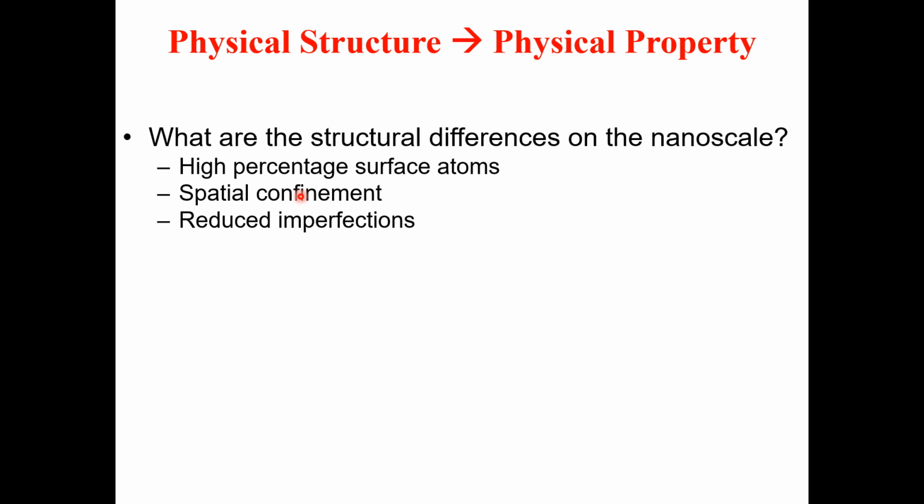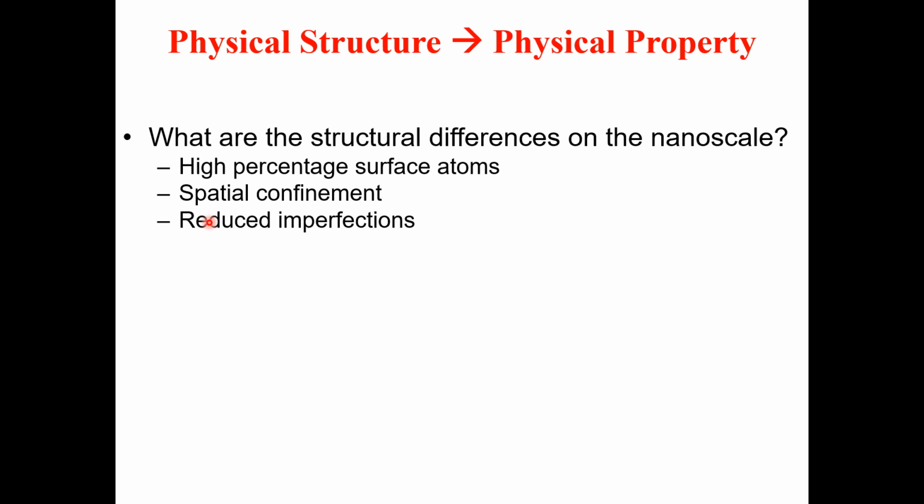Due to this quantum confinement, they can interact differently with light. Their mechanical strength increases, and other properties like stress and strain can also be changed due to this confinement. There are also some special properties which change due to this spatial confinement, which we will discuss later on in the coming lectures.